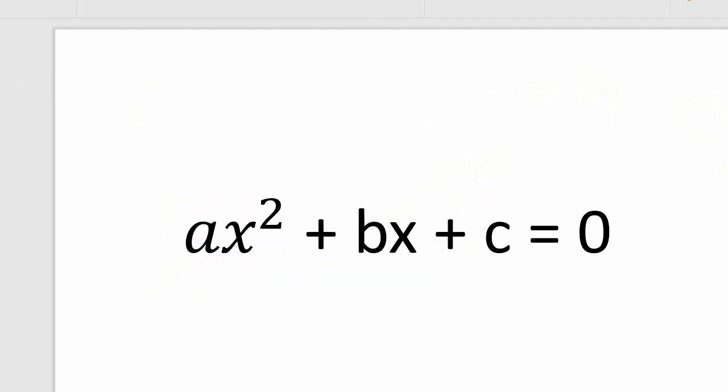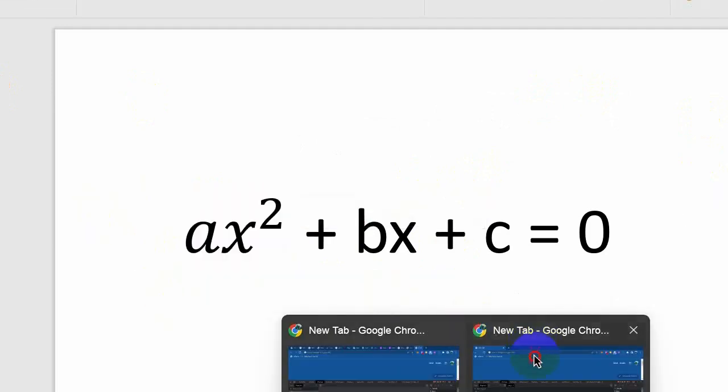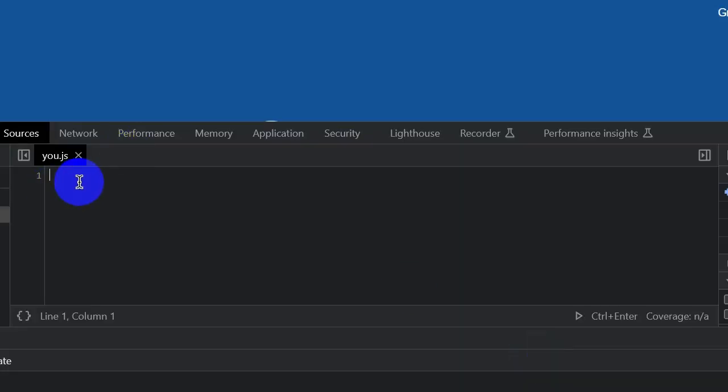So we'll input a variable. A variable is something that will hold the information. So let a equals prompt. Prompt is a code in JavaScript that is going to make you input something into the equation. So let a equals prompt.